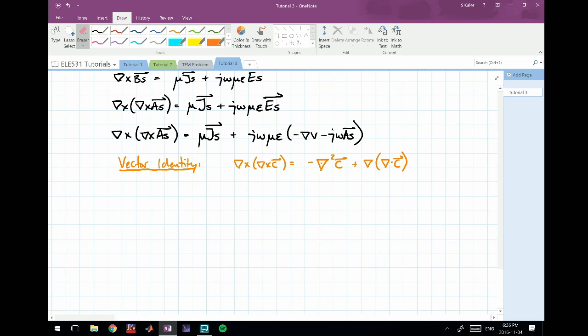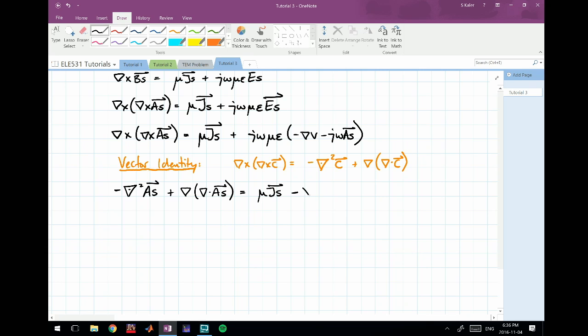Let's rewrite the curl of the curl on the left side using this identity. So I get minus the Laplacian of As plus the gradient of the divergence of As. Now this whole thing equals mu Js. How do I want to do this?